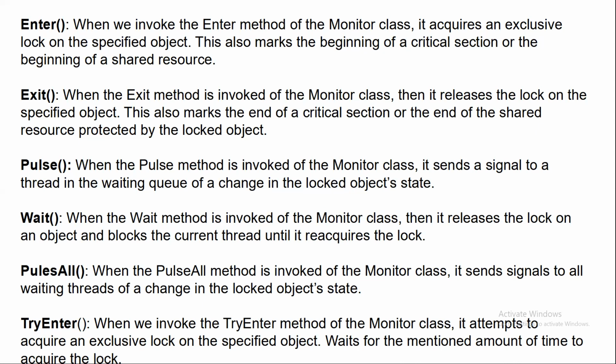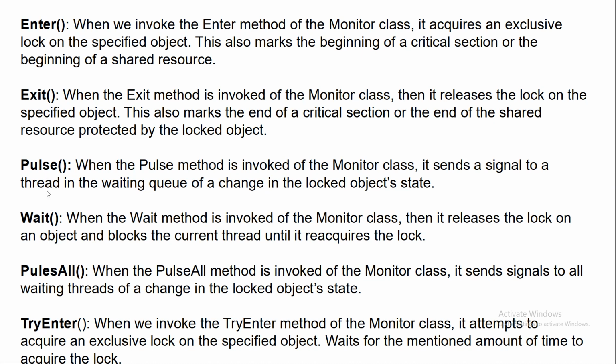So I can say, hey guys, I have 5 more minutes, and I don't want all of you to wait. I have some other things to do. So I will say wait, I'm going to wait and do some other things. When I say wait, the lock gets released, and with the help of Pulse, the signal has already gone saying that the T1 thread is in wait mode. So other guys can go and grab the critical section.